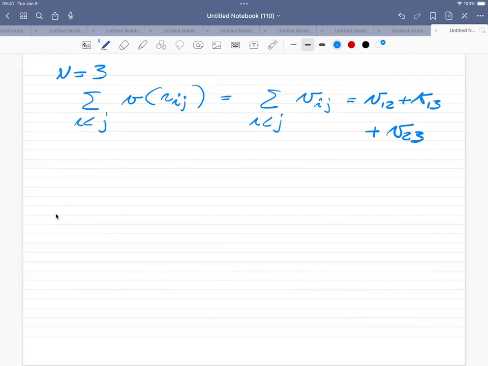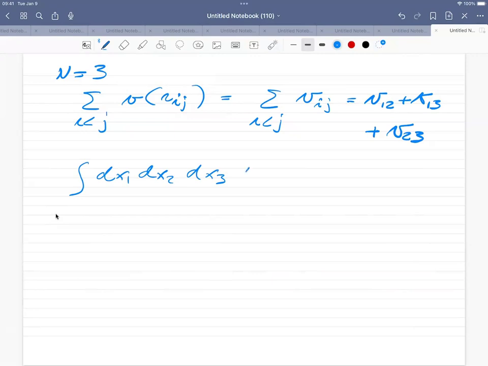And then let's now just write out the Slater determinant. So what we have now is an integral dx1, dx2, dx3. And the term which we can look at first is actually this V12. So let's just pick that term.